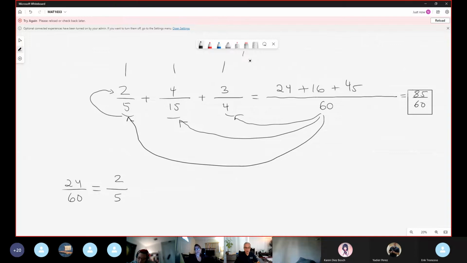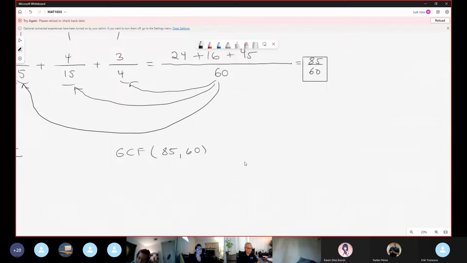To reduce to lowest terms, you don't use the LCD anymore. You use the greatest common factor. I need to investigate the greatest common factor between 85 and 60. You take 85 and 60 and do the prime factorization.